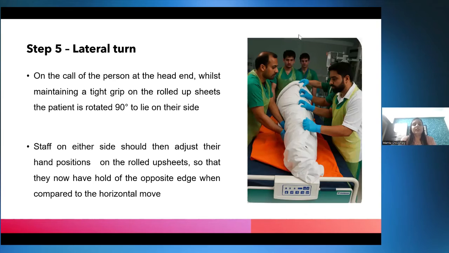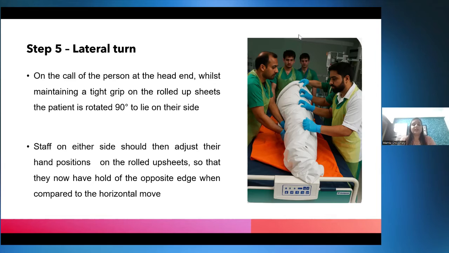Step 5 includes the lateral turn. On the call of the head of the team, the anesthesiologist, they count 1, 2, 3, and on the count of 3, while maintaining a tight grip on the rolled up sheets, the patient is rotated 90 degrees to lie on their side.